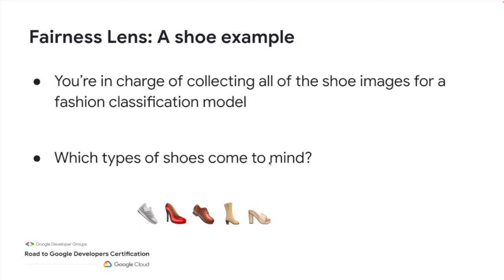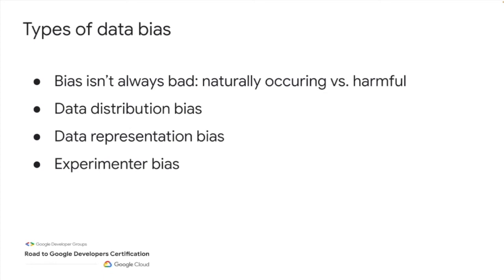And then we have data bias. There's different types of data bias. Bias isn't always bad. Bias by itself is, in a way, a defense mechanism. And we are kind of trained to detect, is this a tiger? Should I run now? Or is this a kitten?